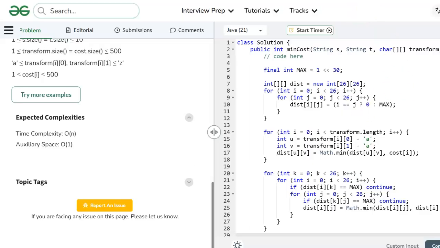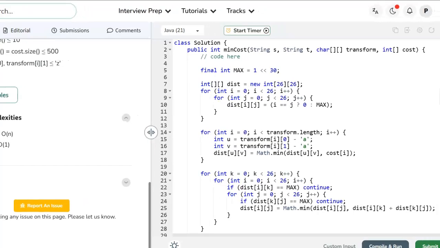So anyway, let's look at the algorithm. We need a big number because we're looking for minimum costs.